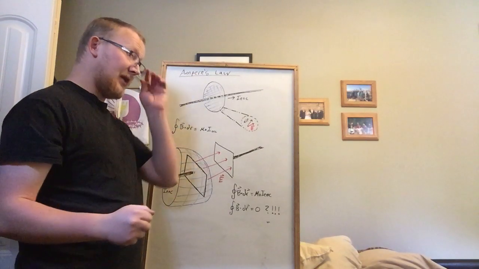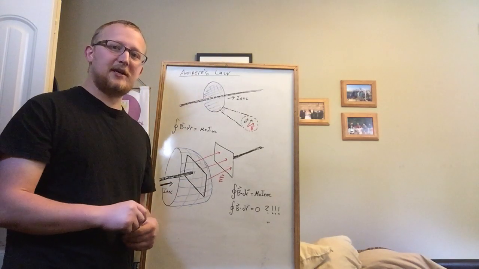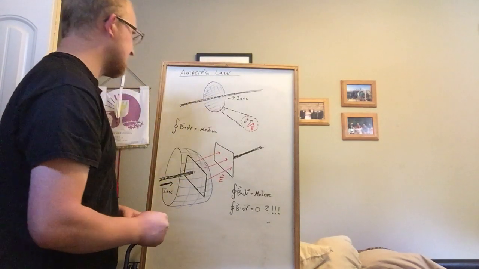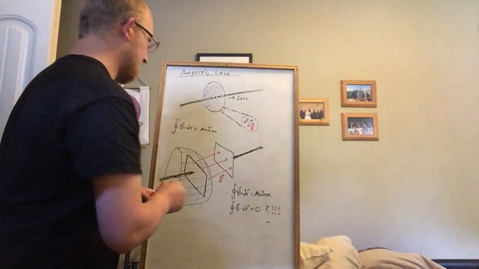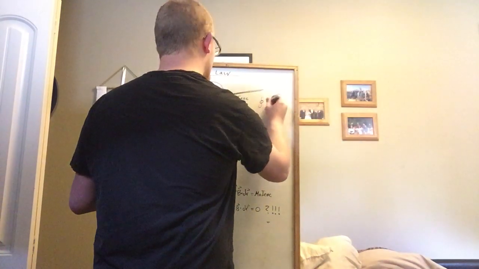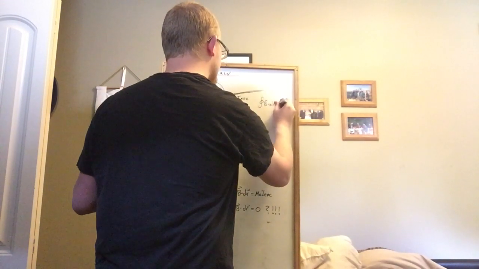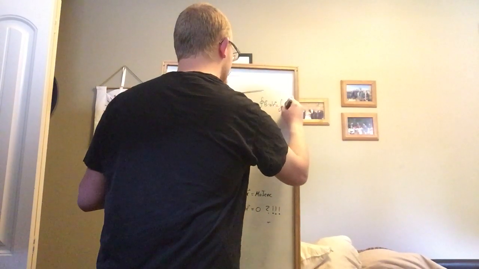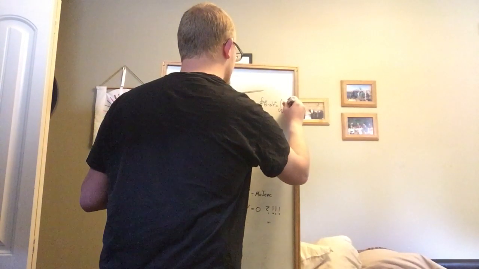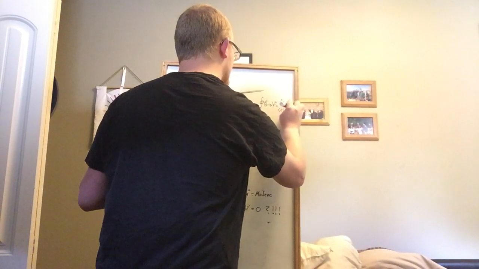Well, if you have taken Calc 3, you'll recognize Stokes's law, which states that we can relate some vector line integral like this to the double integral of the curl of the field times dS.